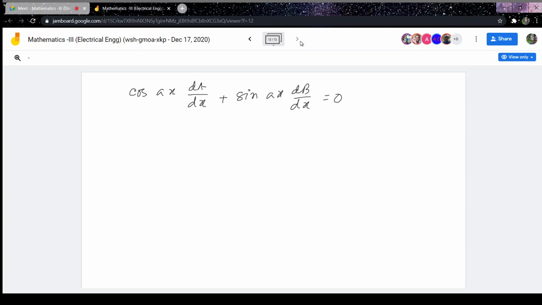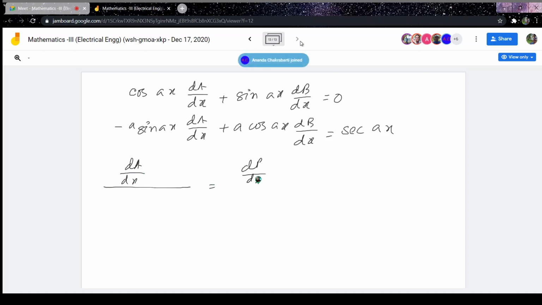So that will be minus a sin ax da dx plus a cos ax db dx is equal to sec x.